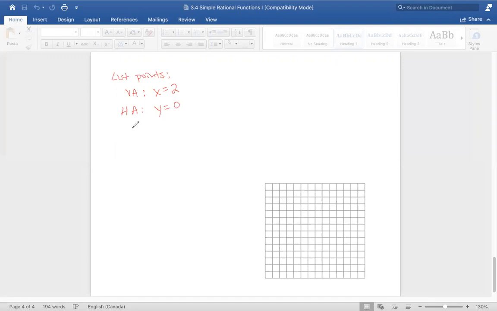I have an x and y intercept that are the same. 0, 0, so the same point there. From the first chart, I have a local minimum at -2 and -1/8.